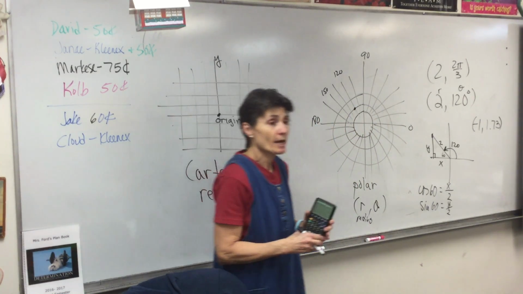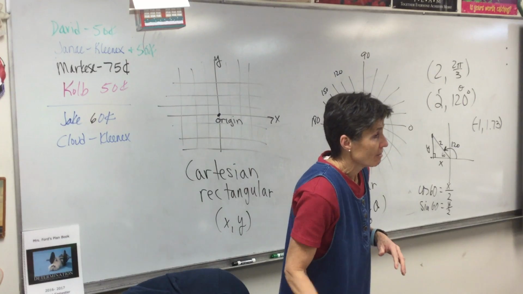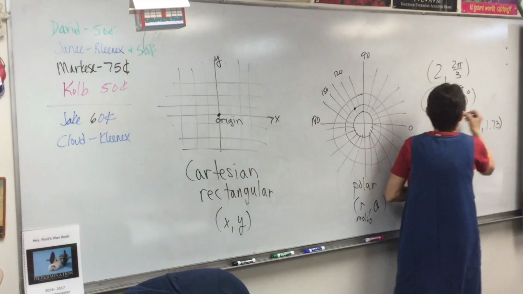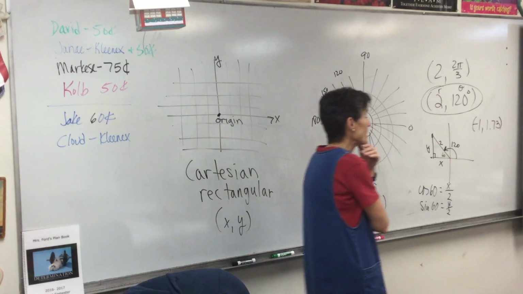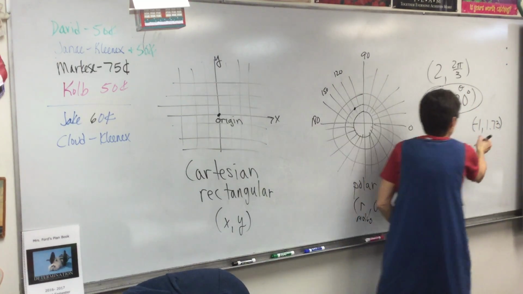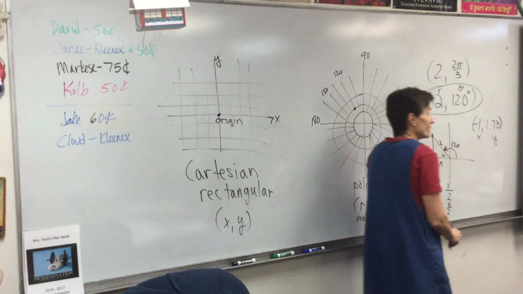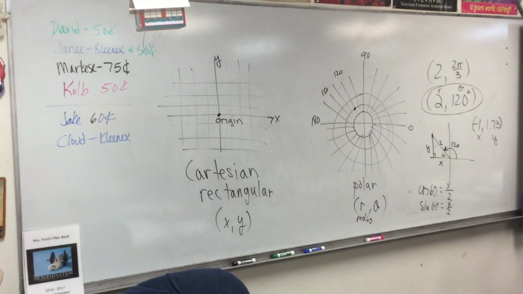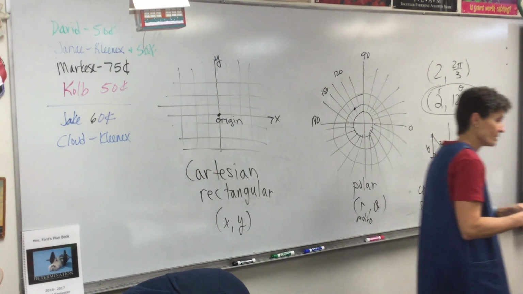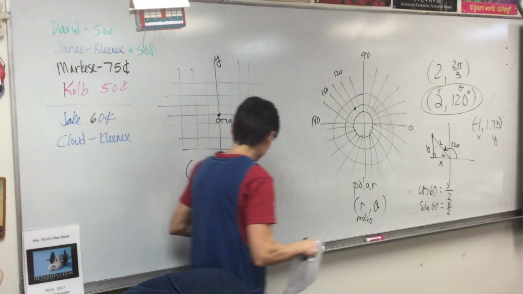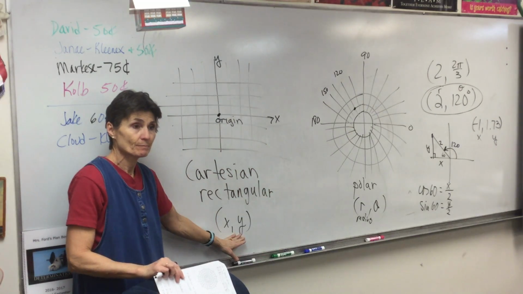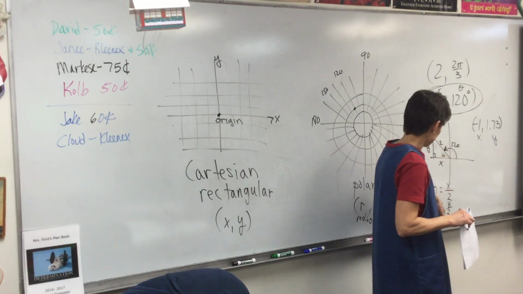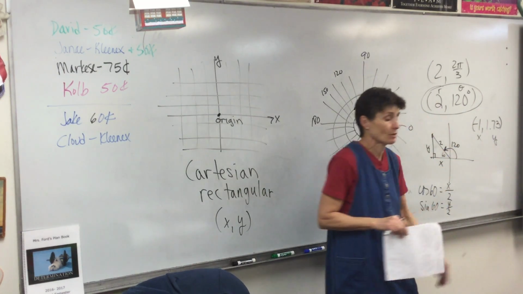You just changed that polar ordered pair, this is what you started with, into an x and a y. The directions say write as a change to rectangular coordinates. That's what you did. Rectangular is x and y. So you simply drew the picture like you always do, did your trigonometry, and found the answer.